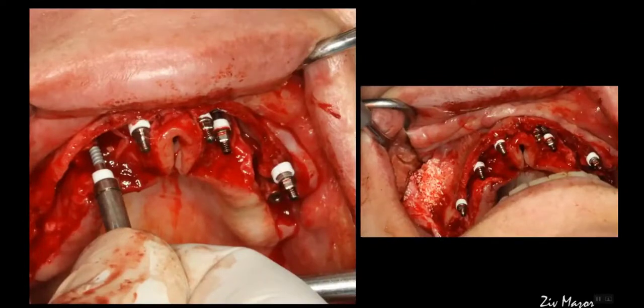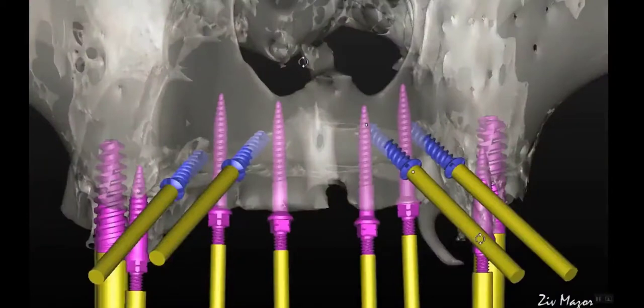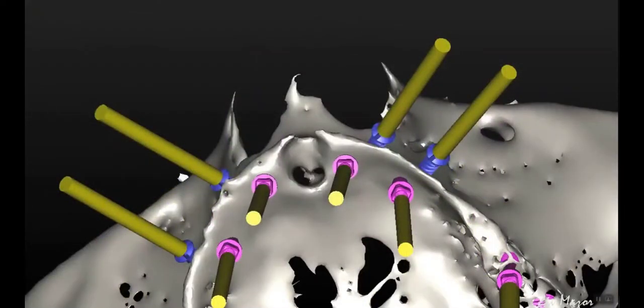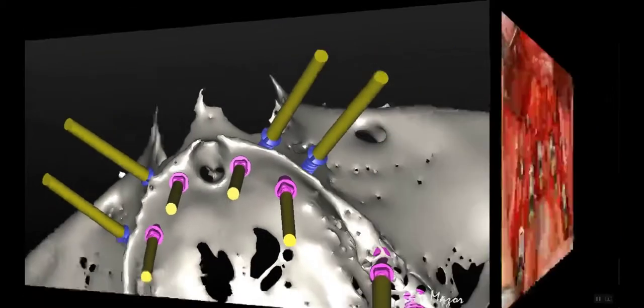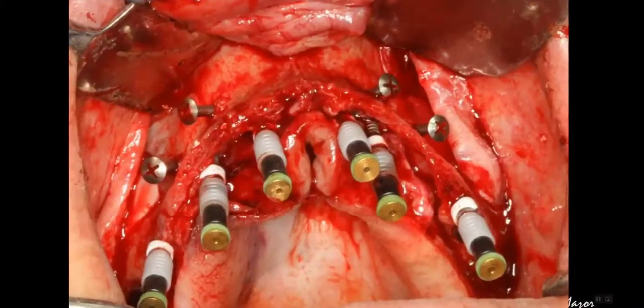Here are the implants according to the plan. You can see the 4 blue screws here. Those again will be the tenting screws that will be tenting my membrane and graft material. So here are the 4 screws in the buccal aspect.